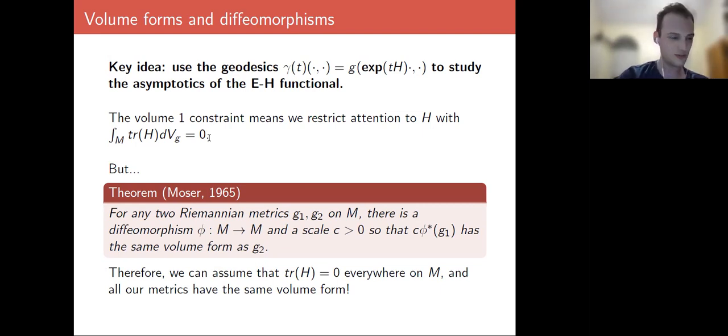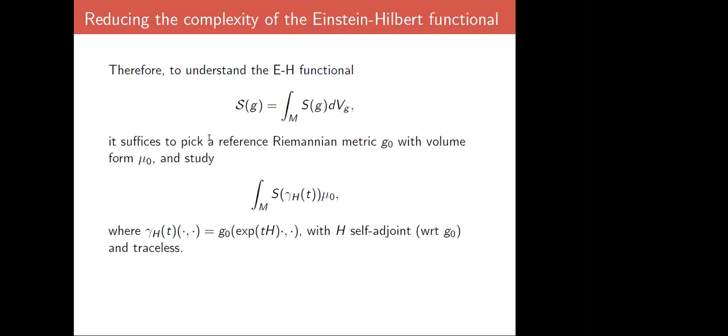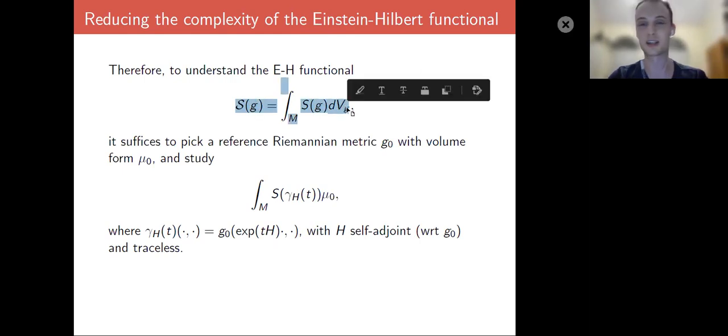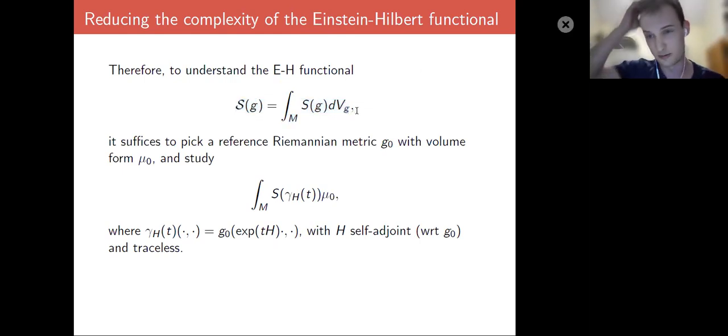So the upshot of all of this is that we're now able to reduce the complexity of what we're studying. We're interested in the Einstein-Hilbert functional. We take a Riemannian metric, find its scalar curvature, and evaluate against the volume form of that Riemannian metric.